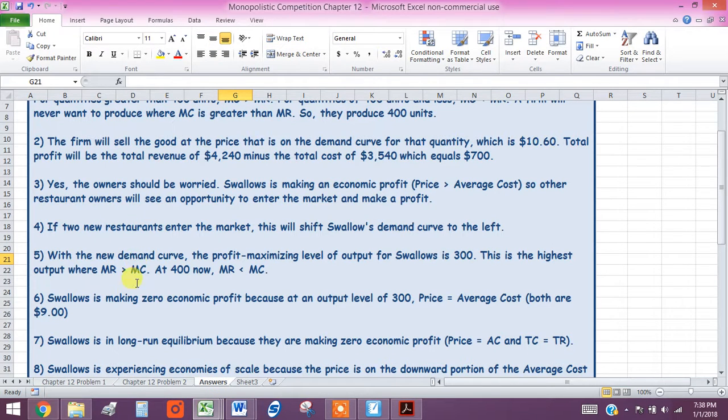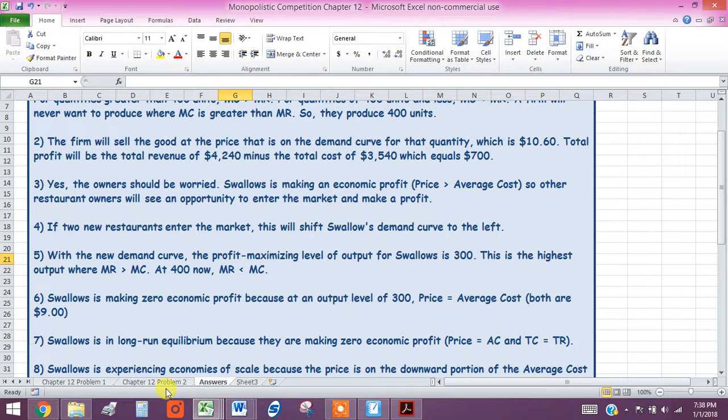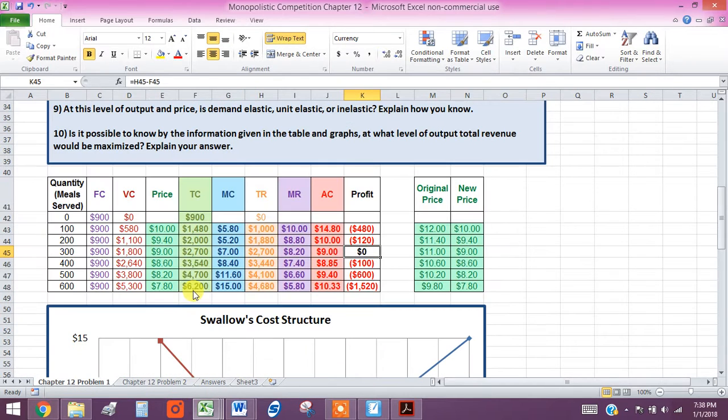And the answer that I wrote in here was Swallows is making 0 economic profit, because at an output level of 300, price equals average cost. Both are 9. Yes, if you come up here, you can see that price here at 300 is 9, and average cost is 9. And you can see it there. And you can also see it here. And you can also see that total revenue equals total cost.